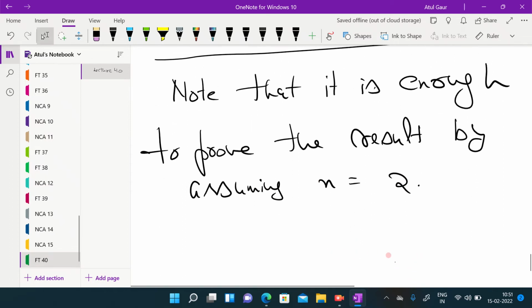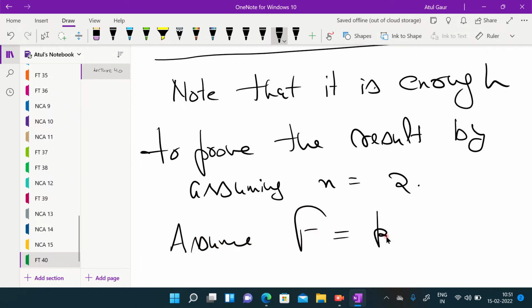We will prove the result for this n equals 2. So assume that F is K(alpha 1, alpha 2). All right.